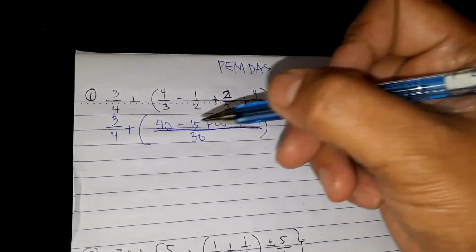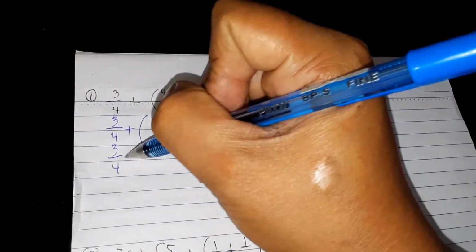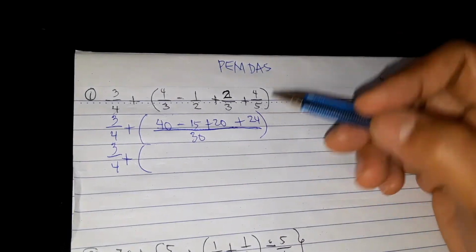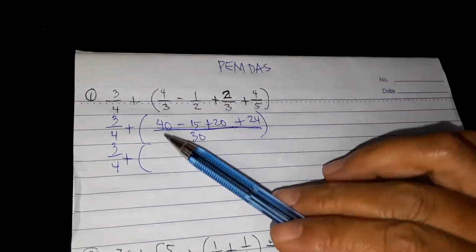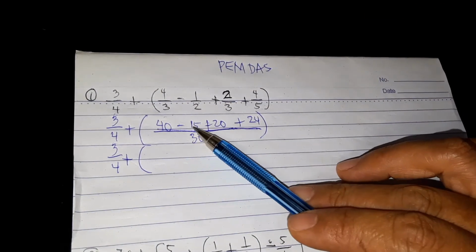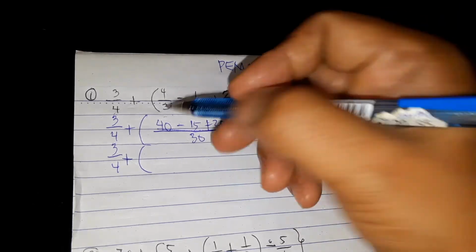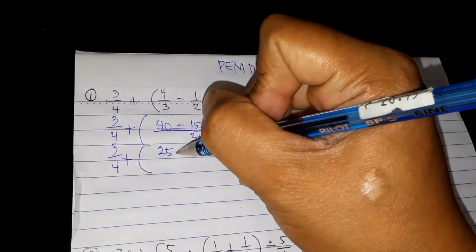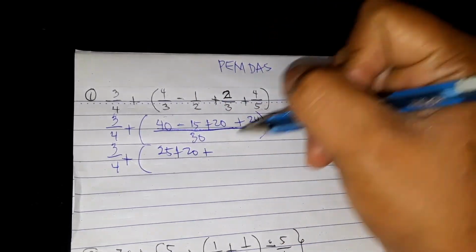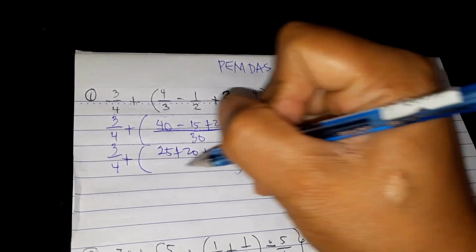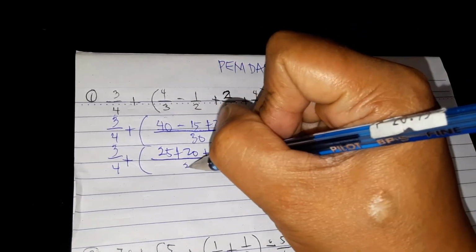Next step, 3/4 plus, okay, so we will perform the operation on the top. So 40 minus 15, we have 25. So 25 plus 20 plus 24, copy the denominator 30.